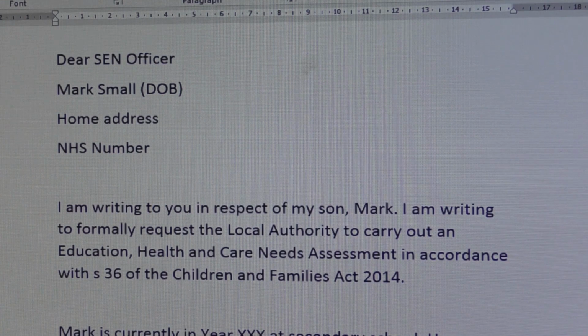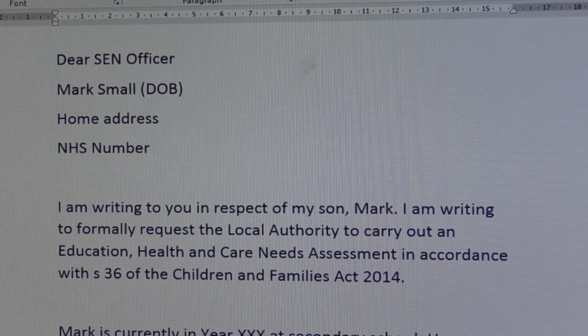Then you put the name of the secondary school or primary school, or whatever it may be, the name of the educational setting, and you insert the address. The relevant contact at the school is the SENCO, the special needs coordinator. Let's just make up something, Mrs. Warren. And it might be that you have her email address, so put it in.